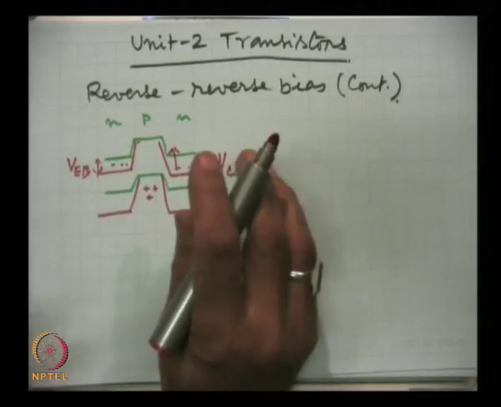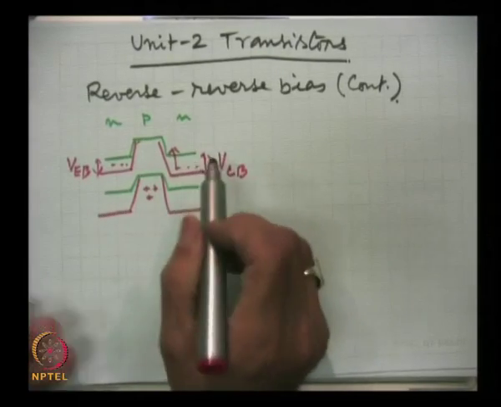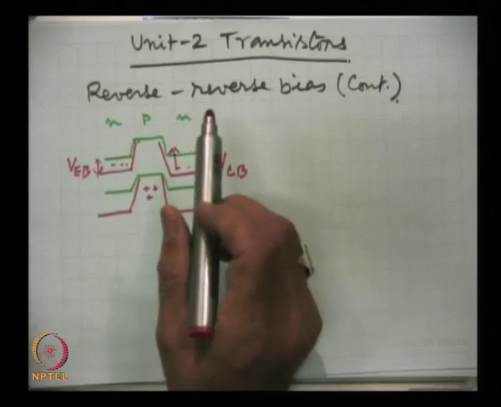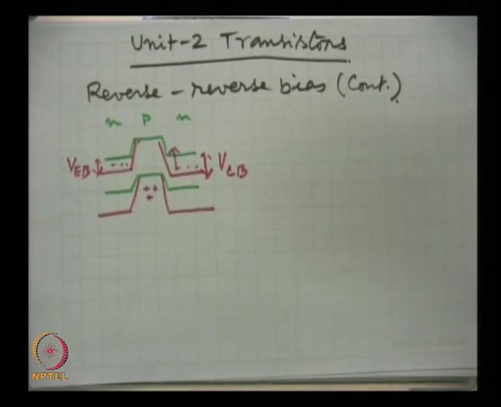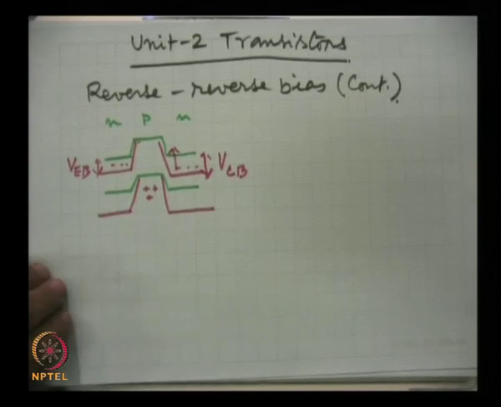So no currents will flow except very small currents in the two circuits, the emitter circuit and the collector circuit, and the two currents will be independent of each other, and hence the circuit is not suitable to function as an amplifier.